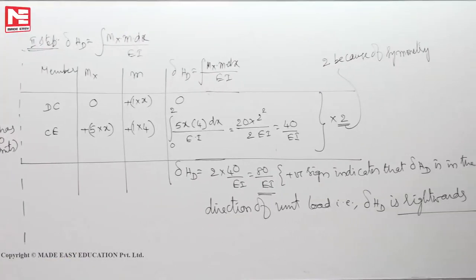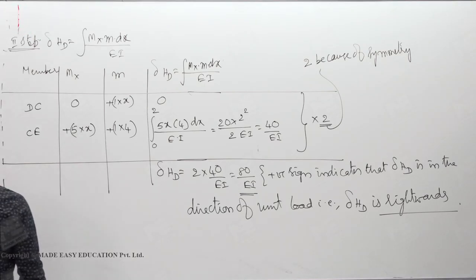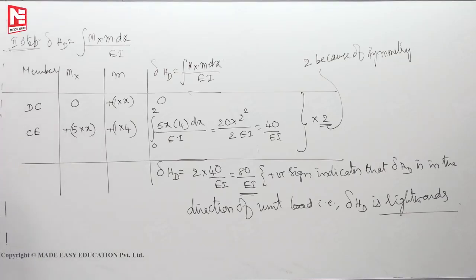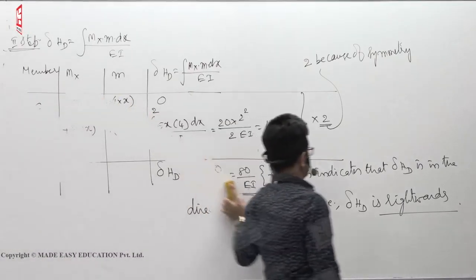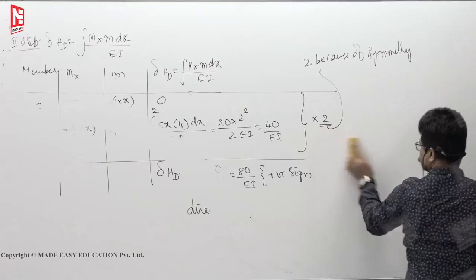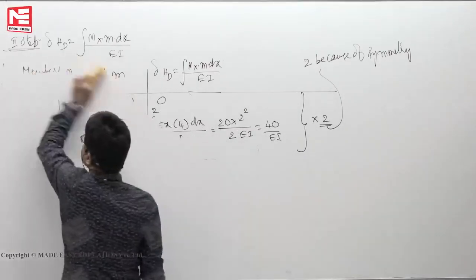Now let us see how to draw the BMD and the deflection profile. This delta HD is AT by EI, that we have to just remember.